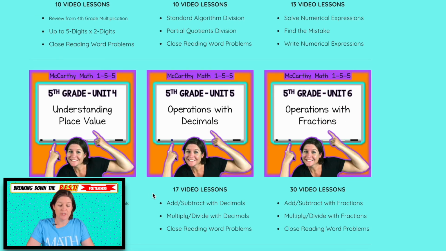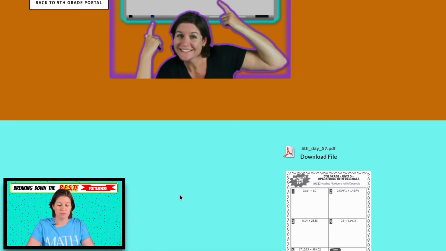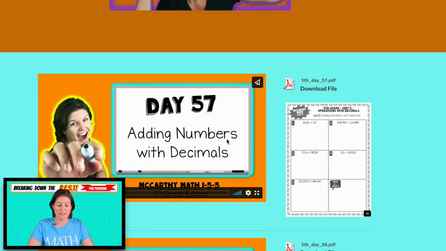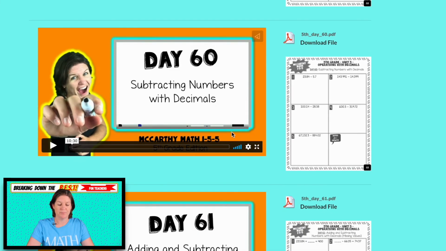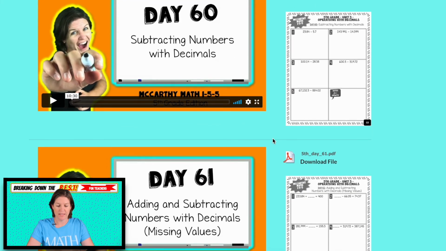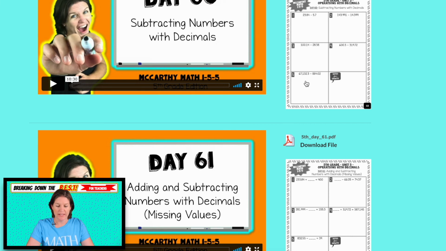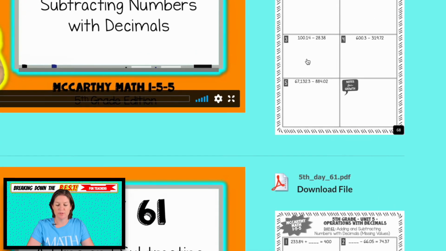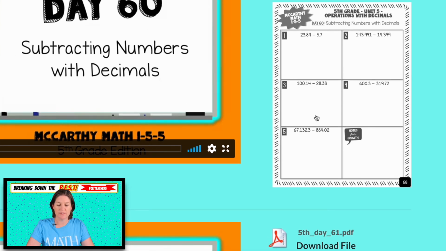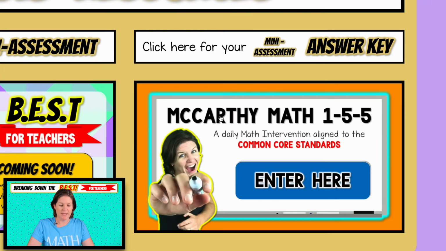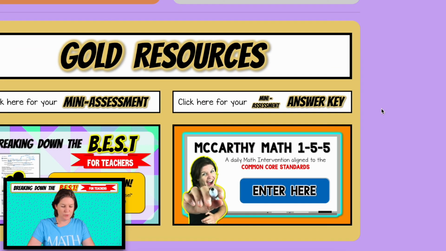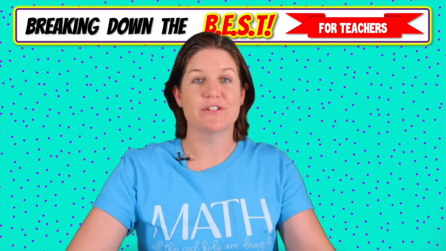It's a 5th grade video where we add and subtract with decimals, adding numbers with decimals, subtracting numbers with decimals, and so on. So it does go to the thousandths place for some of them because in 5th grade they do, but just know that there are some opportunities there if you need it. You might just need to modify some of the numbers a little bit. That is what you have access to, and that is our standard for today, 4.NSO.2.7.